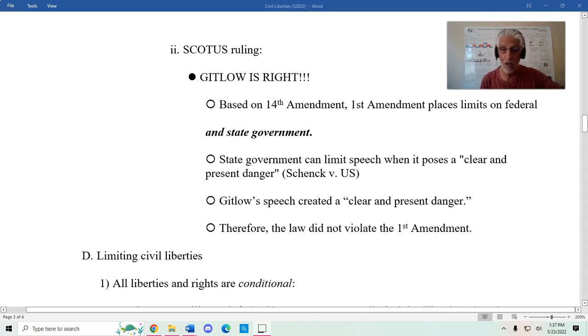And then if you think back to our discussion in the judiciary, the Gillow case now becomes precedent. So the next time somebody challenges a law because it limits freedom of speech at the state level, the court's going to look back to Gillow versus New York and they're going to say, you know what, the courts have already told us. The First Amendment not only places limits on the federal government, it also places limits on state governments.